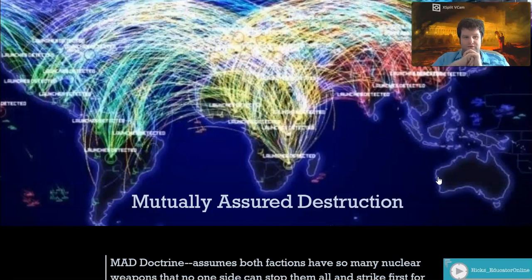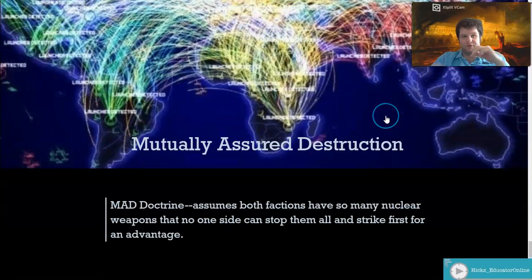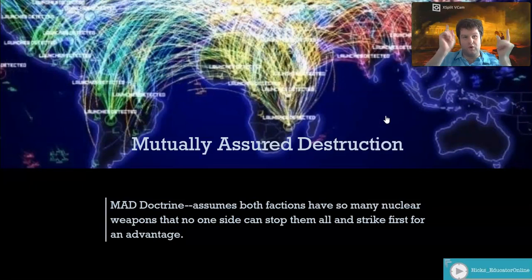The idea behind mutually assured destruction is that both sides have so many nukes that you, one, can't find them all, two, you can't destroy them all, and so if you attack first, the other side will attack with all their nukes. And it doesn't matter if it's the Soviets or the Americans. If one side shoots, the other side shoots, and it's game over. Nukes everywhere.